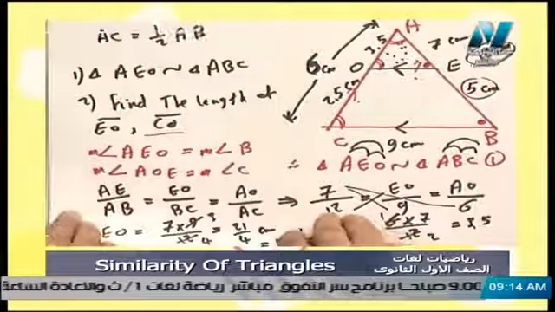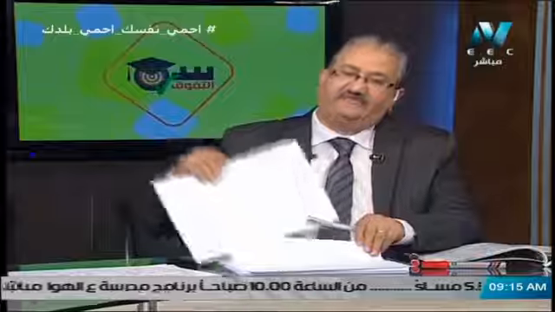Okay, let's move to another example. Do you know about circles? If we have a circle, remember from the third studying that we have in the circles something like inscribed angles and central angles.